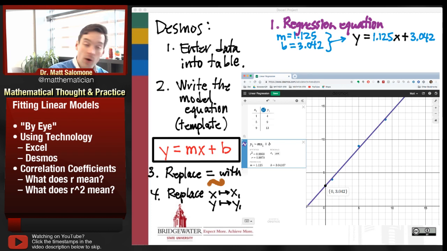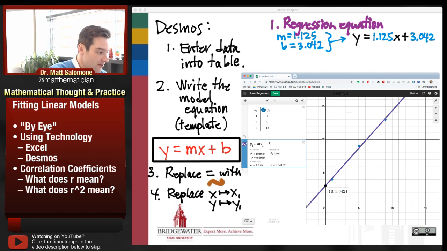Similarly for the slope, 1.125. That's telling me that for every 1 unit of distance I go to the right on my line, I have to go up vertically by 1.125 steps. This as a fraction would also be equal to 9/8. And so for every 8 that I run, I would have to rise by 9.